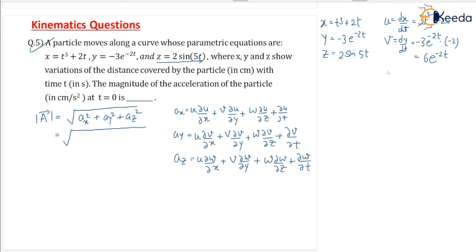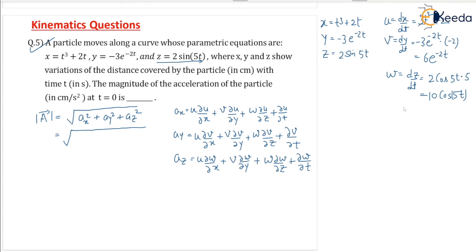Correct? Now w equal to dz by dt. So sine theta differentiation is cos theta. So 2 cos 5t into 5. That is 10 cos 5t. Correct? So now we got the u, v, w.